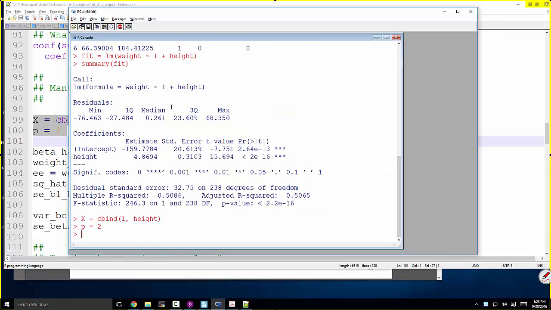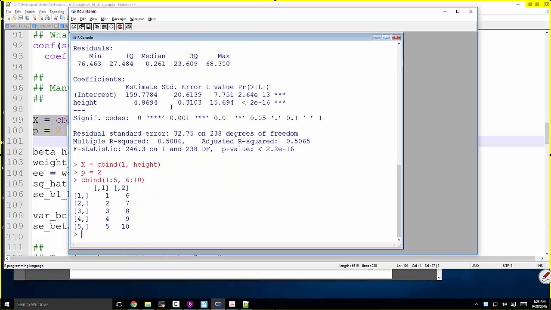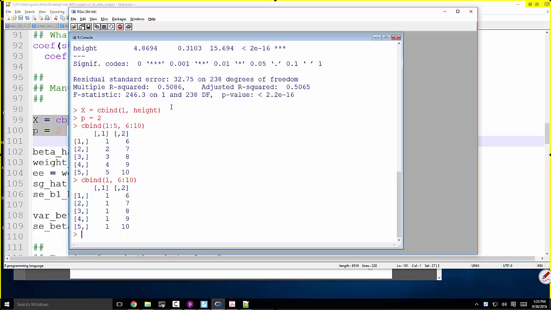cbind is column bind. So like if I said 1 to 5 and bind that to 6 to 10, column bind, you'll get a column for the first element next to a column for the second. If I were to do cbind 1, comma 6 to 10, it will expand the first element to match the length of the second.